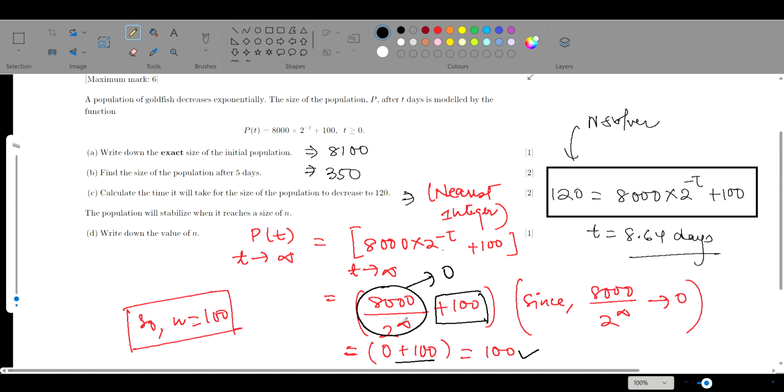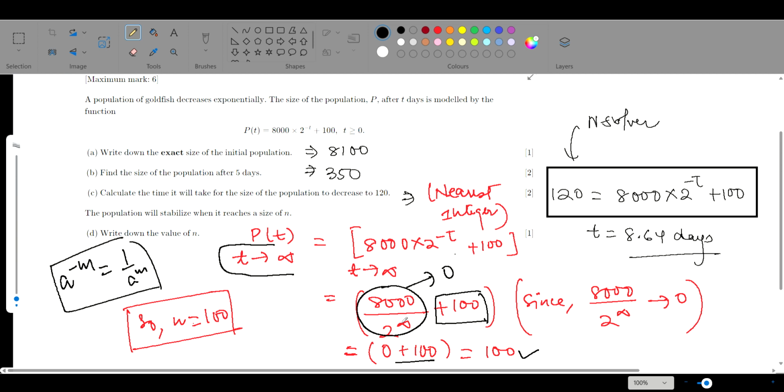2 to the power 0? I'm not taking t as 0, I'm taking t as infinity. So 2 raised to the power of negative t means it will come in the denominator. Do you know the rule of exponents? a raised to the power minus m is 1 over a to the m, right?